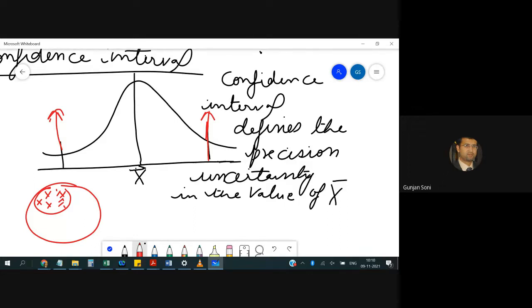If I want to say that whatever mean value is coming, how spread are these values around the mean? We are not concerned about accuracy at all over here. We are saying that an instrument is doing measurement, and how spread are these values around the mean of those measurements.